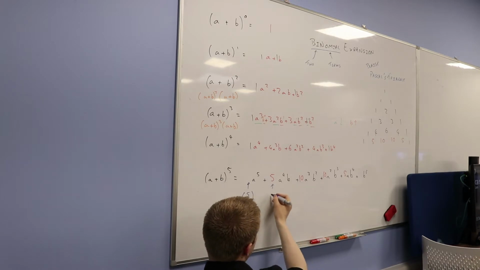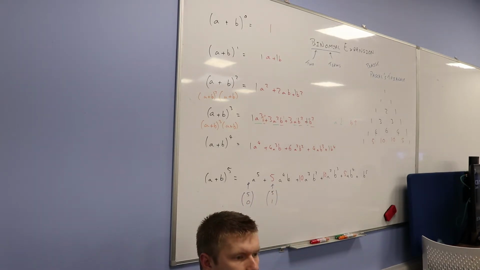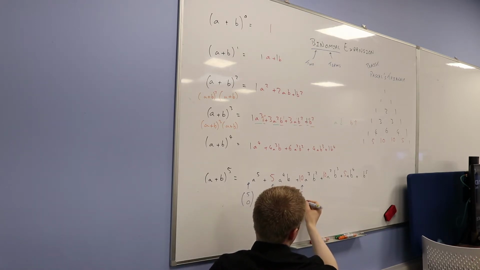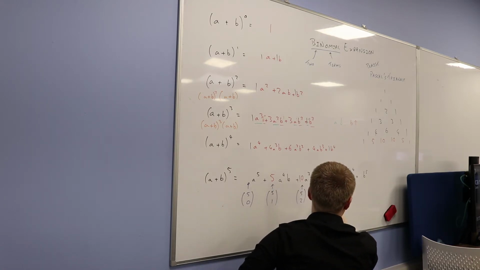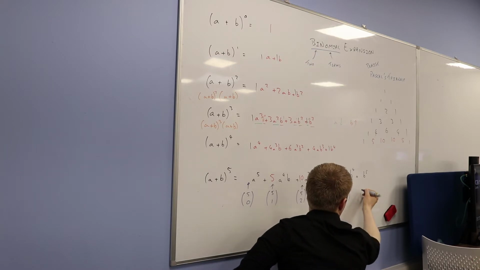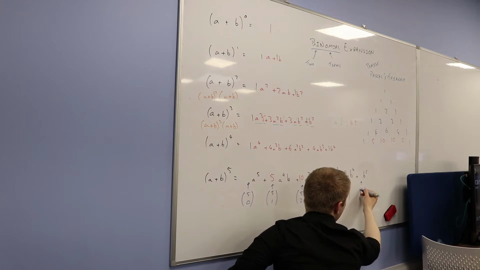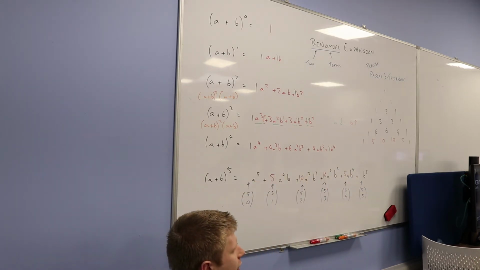This one here would correspond to 5 choose 1. So I have 5 objects and I'm selecting 1 from them. This one would be 5 choose 2, this one 5 choose 3, this one 5 choose 4. And then finally, this one here would be 5 choose 5, which is just equal to 1, because there's one way of choosing 5 objects from a selection of 5.